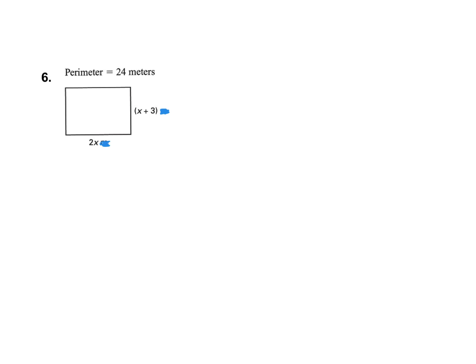All right, so we're talking about perimeter, and so we know that this would be 2x and this would be an x plus 3 because they've got equal sides. So that means that I've got the 2x plus the 2x plus my other side, where we'll have x plus 3 and then another x plus 3, and now my perimeter is 24.